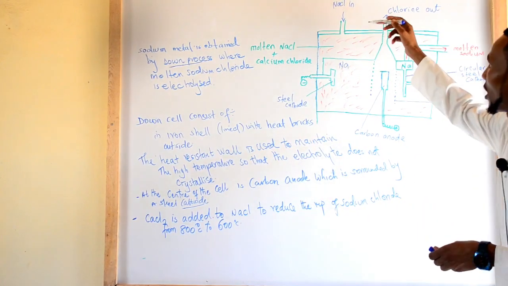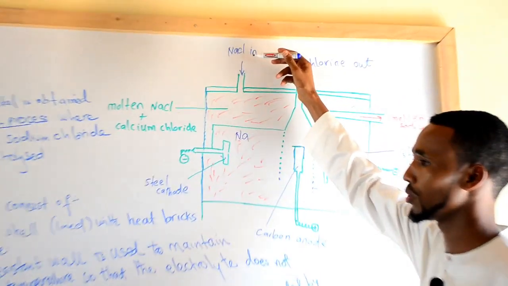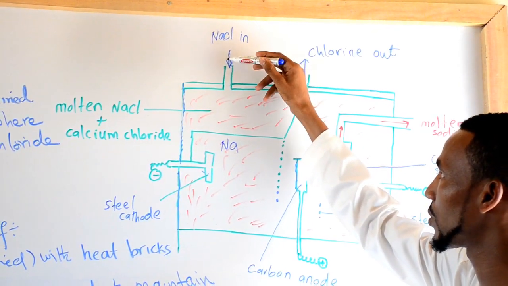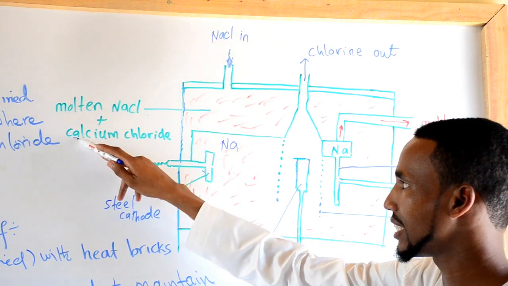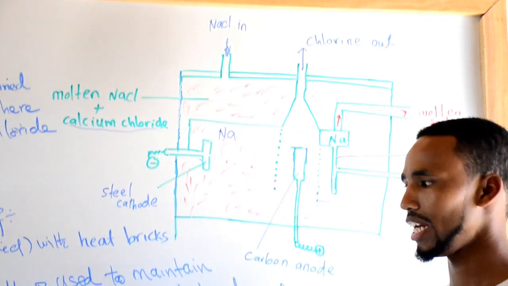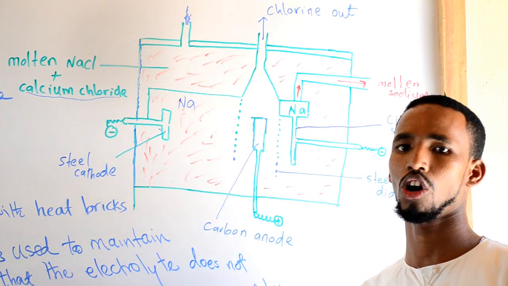So in this process, sodium chloride is the electrolyte that we want to use. When it enters here into the Downs cell, we normally add calcium chloride. What is the purpose of adding calcium chloride?